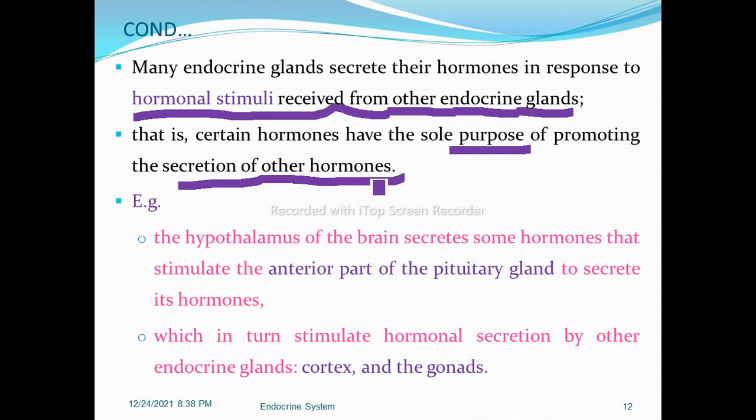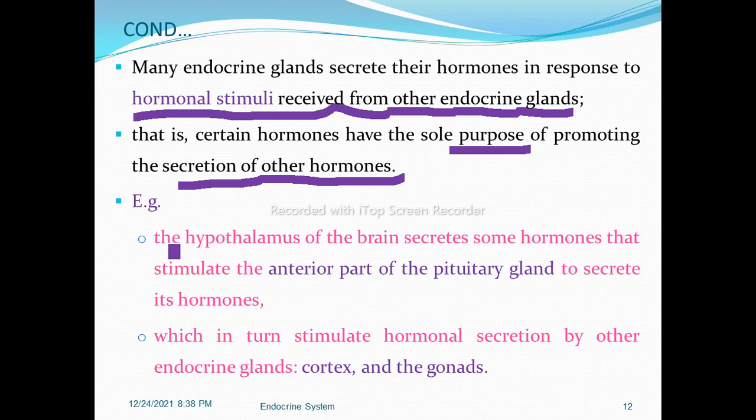This means that some organs or glands secrete their hormones in response to hormonal stimuli. A hormone is a chemical messenger, so due to this messenger they are stimulated to secrete their secretions.